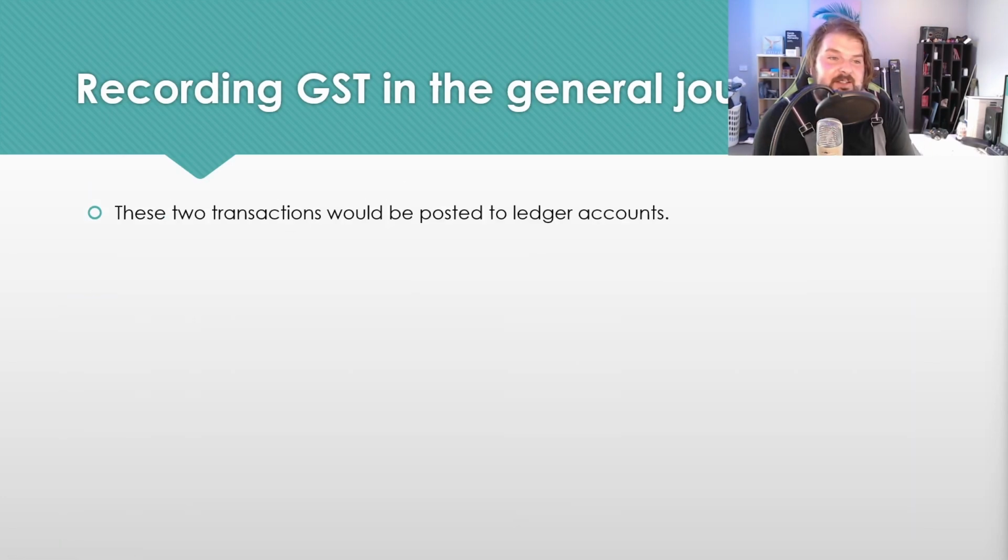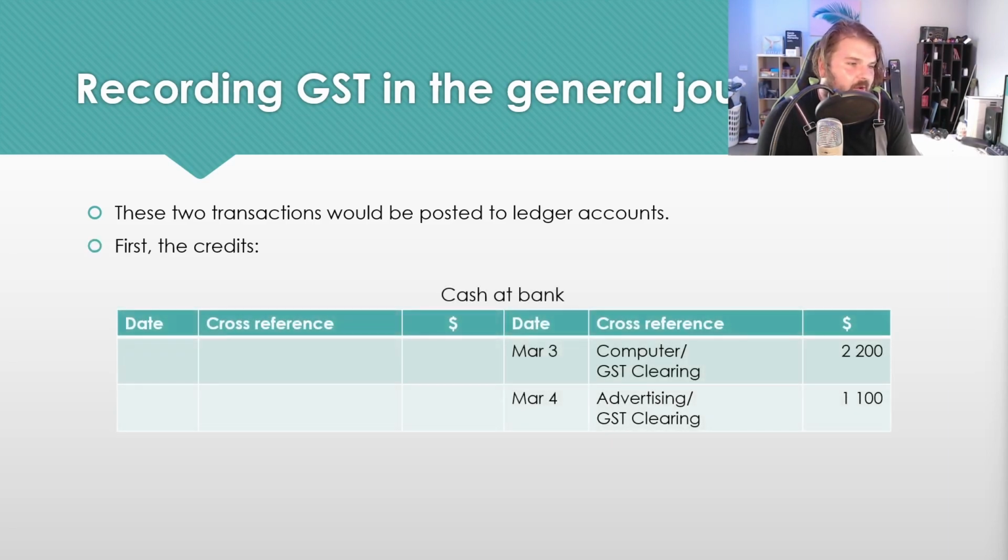When we post these to the general ledger, they'd look like this. So we'll first do our cash at bank, the credits. Now you can see that our cross-reference, obviously we've got to cross-reference two different accounts because we've purchased an asset or we've paid an expense, depending on which one you're looking at, and we've also paid off some GST.